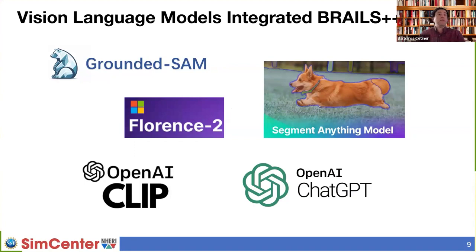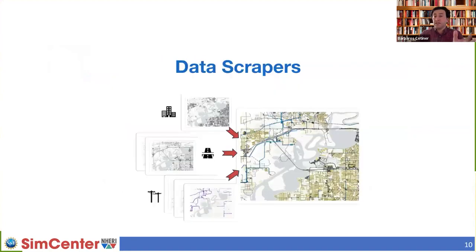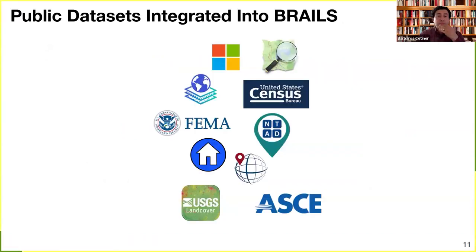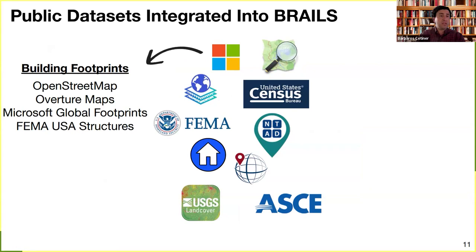But Brails also automates the process of getting data from available resources, in the sense of data scrapers. You're seeing a bunch of icons of a number of the data sets that we're able to pull data from. I'll give you some samples.